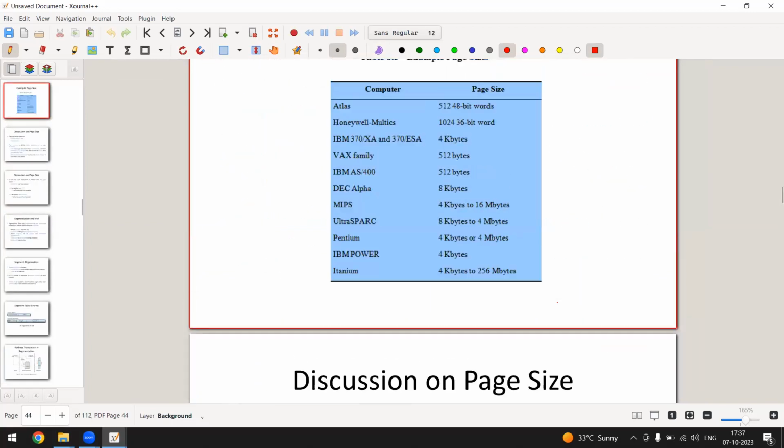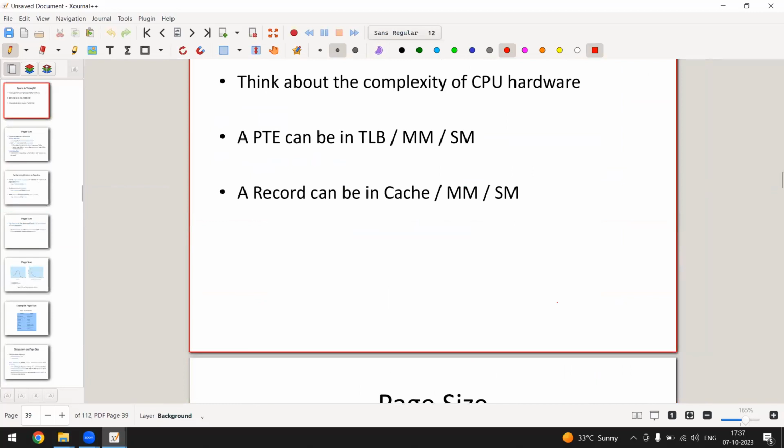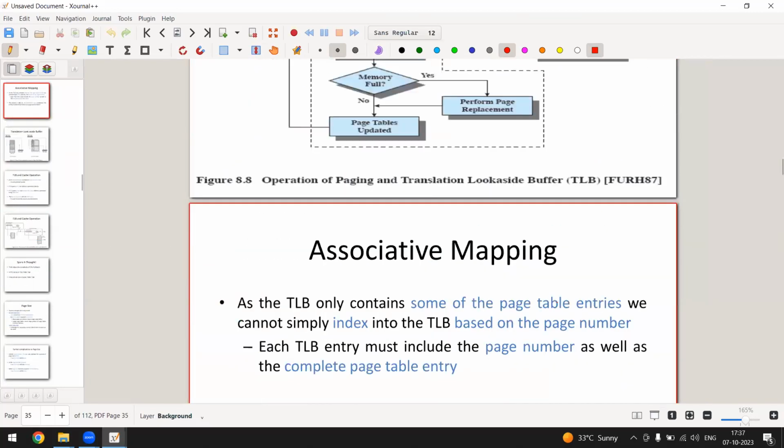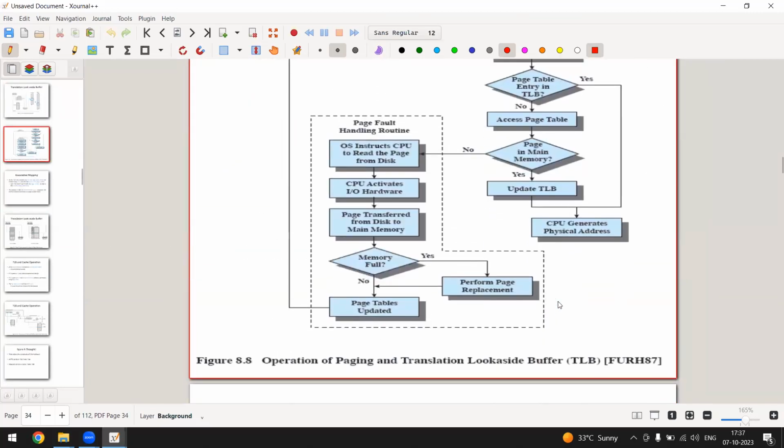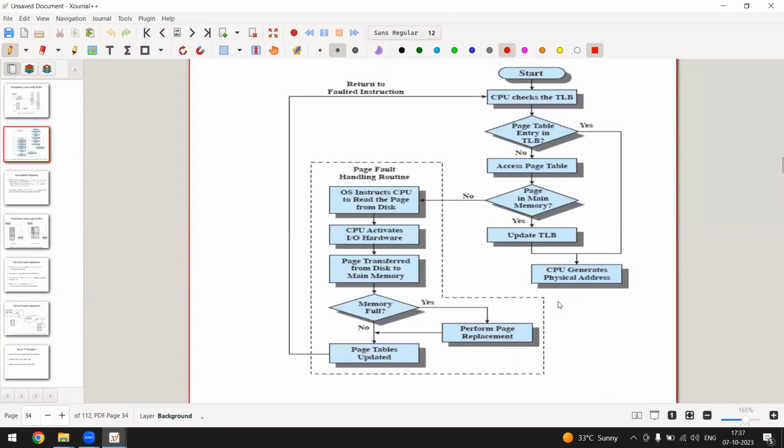So we have seen one flow chart. Let me present that. Yeah, so this was the flow chart. If you remember, this is very important. One of the very important concepts from this chapter is how the address translation is done if you are using virtual memory paging along with TLB.